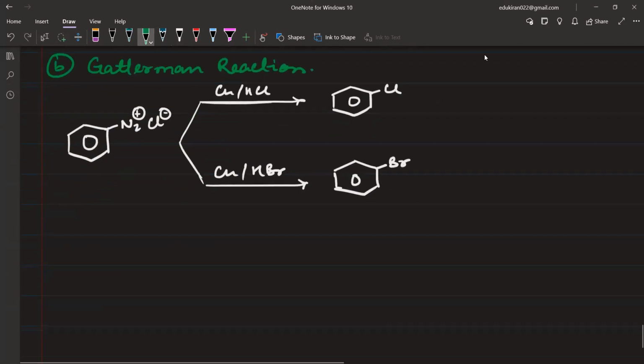After Gattermann reaction, please write C, other substitution of diazonium group.